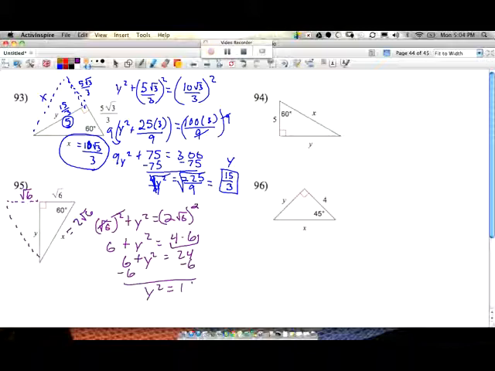We can subtract the 6. Y squared equals 18. This is going to be a 9 and a 2, which is really 3 radical 2. So there's my y value, 3 radical 2, and the x value we figured out was 2 radical 6. So we have lots of radicals in all three of them.